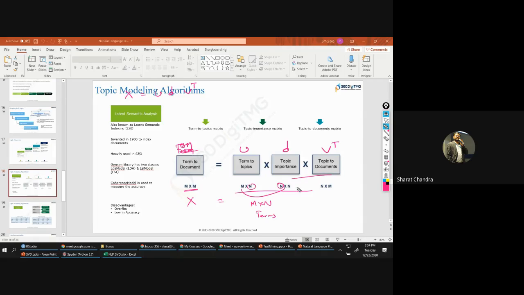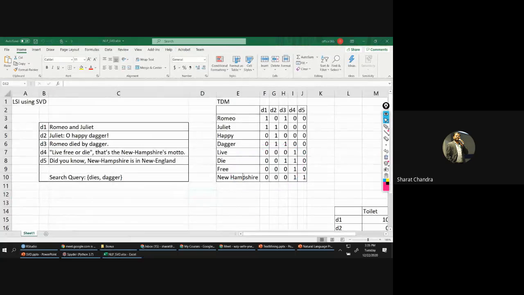Rather you can say documents. If I multiply these two, I get N by N. This is the matrix. So here I get documents. So what we do is we take terms, multiply these two, and use a search query. Let me show you a small example here.